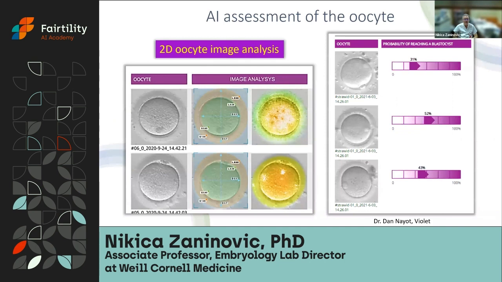One way to do this is by using image technology or visual technologies, by looking at the images of the oocytes. And there are some algorithms on the market that can identify certain patterns within the oocyte that can predict what is the chance for that oocyte to create a blastocyst.